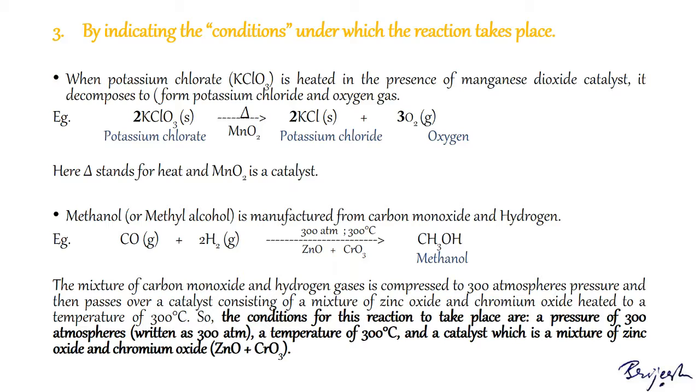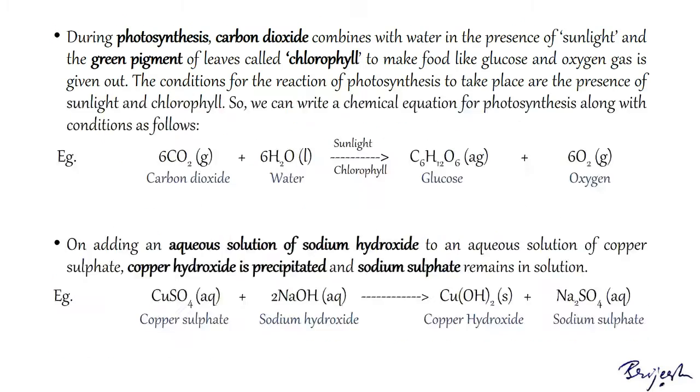Just imagine what the intensity of the pressure would be when it is 300 times the pressure you are experiencing right now. So carbon monoxide plus hydrogen gives methanol is a very, very high pressure intensive reaction.